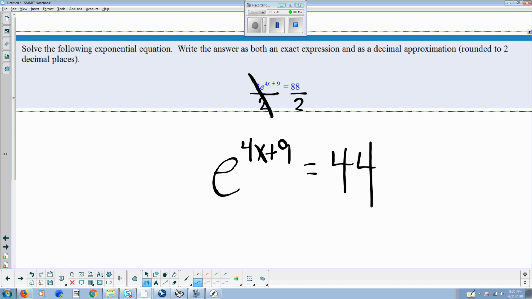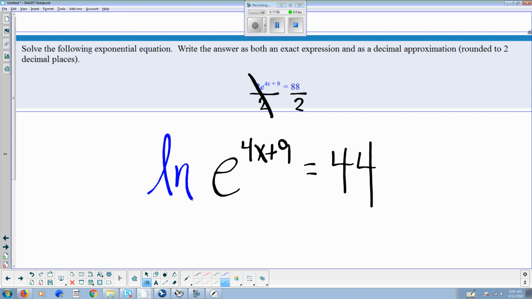Now, when we solve an exponential equation, what we have learned is we prefer to try to make the bases on both sides match. And if we can make the bases on both sides match, then we can set the exponents equal to each other. That's not going to work here because I cannot write 44 as e to a power. So since I cannot write 44 as e to a power, what I will do instead is take the ln of both sides.